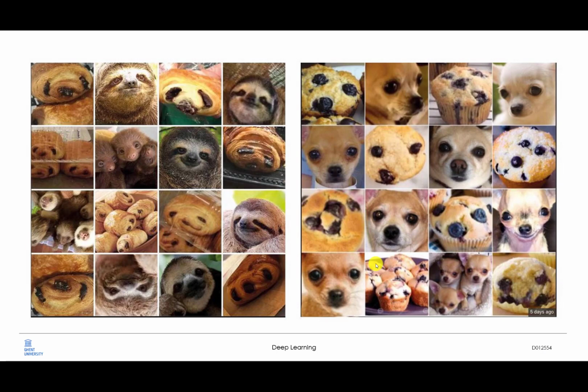And so, of course, it's not always that trivial. Computers do make mistakes, and humans do so as well. So you can see here in these images, it's not always that easy to find the correct classification.